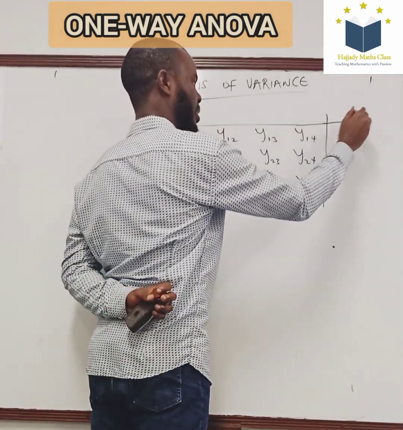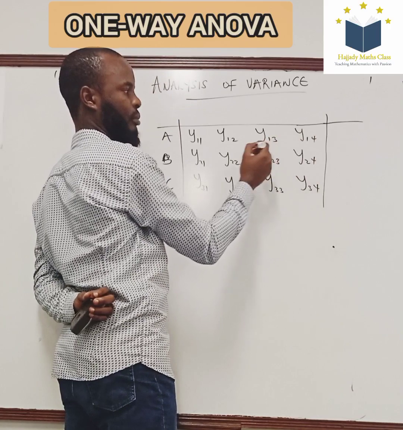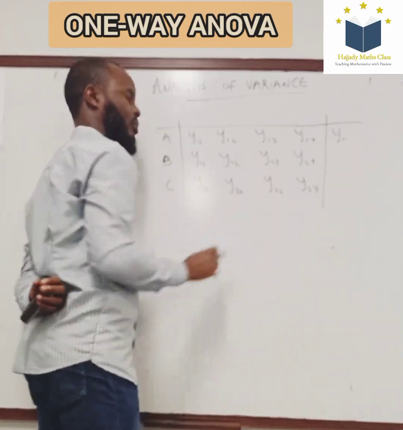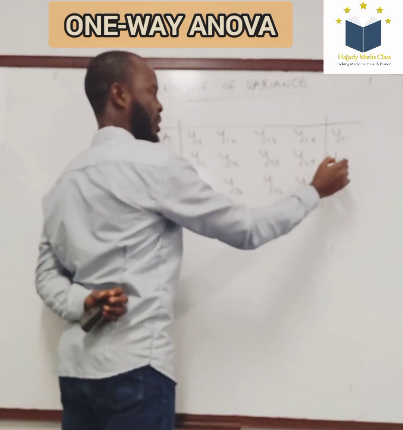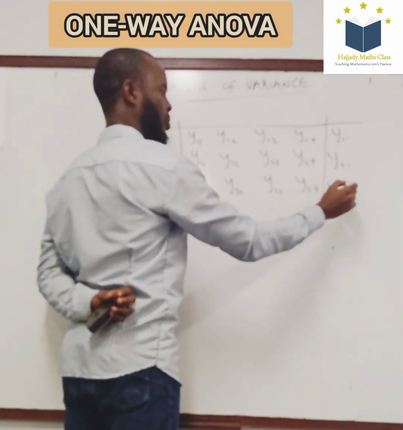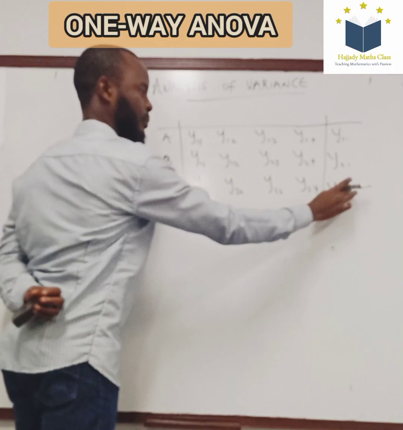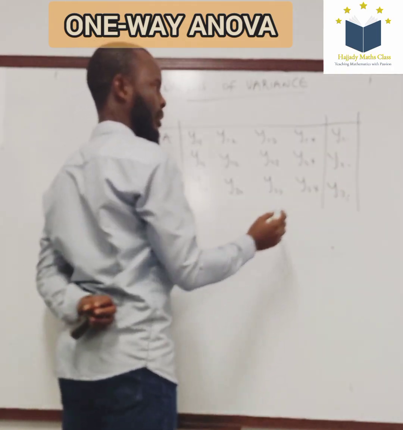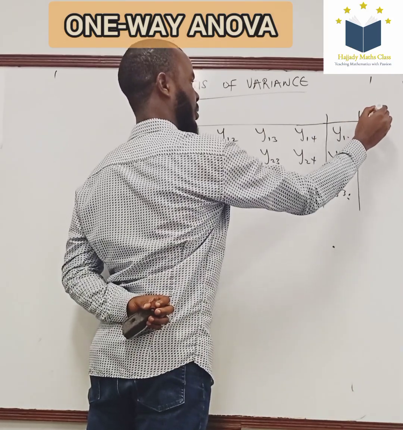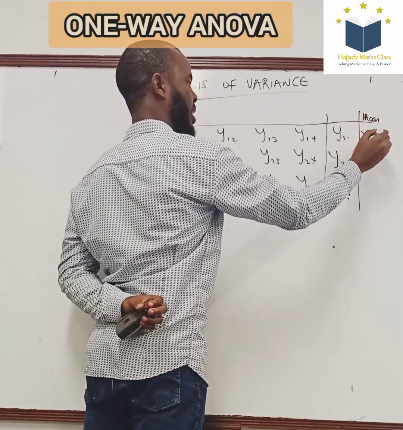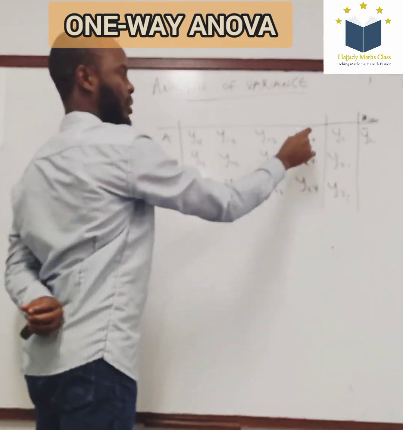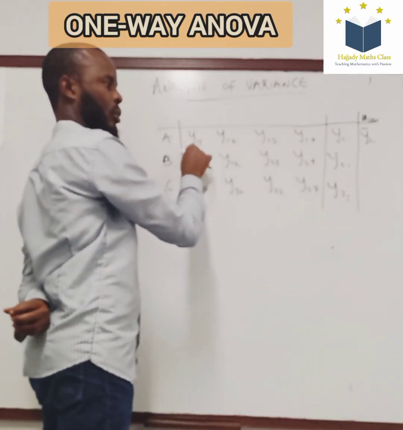Now, this is the sum. I have my yi dot. This is the sum for the first row, for the second row, and also for the third row. Here, I can have the mean, which is the same thing as yi dot bar. That is this divided by 1, 2, 3, 4.